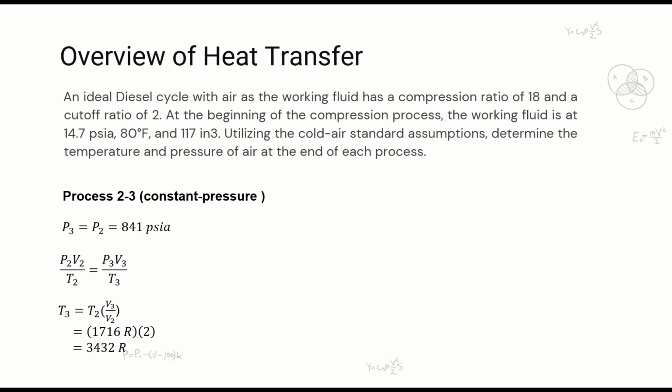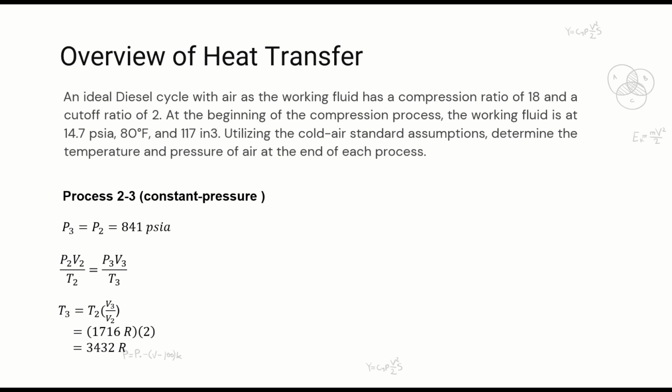So let us derive the equation T3 equals T2 V3 over V2. So let us multiply 1716 R by 2. So we have now the value of our T3, which is 3432.